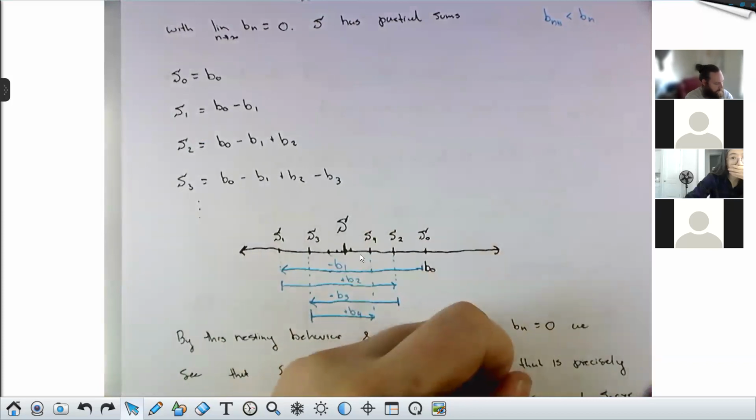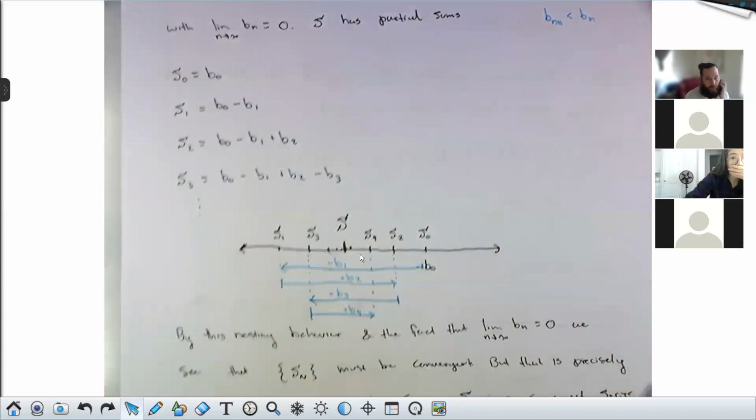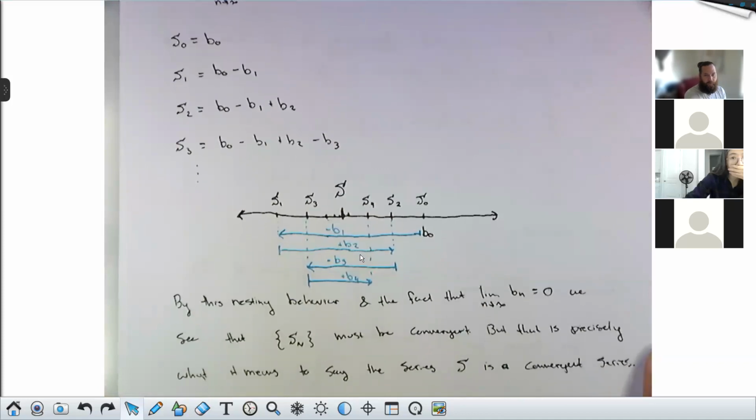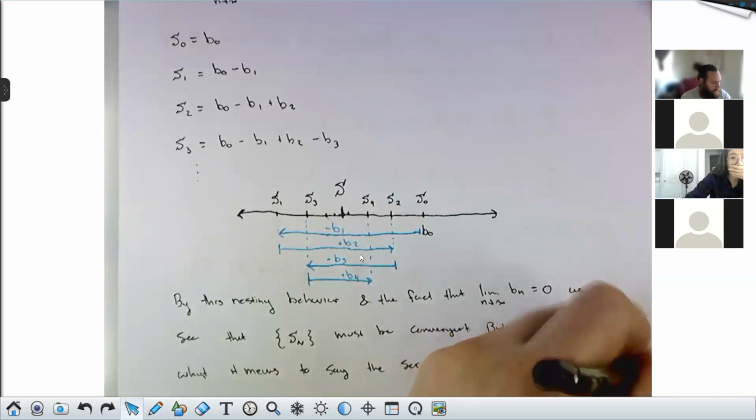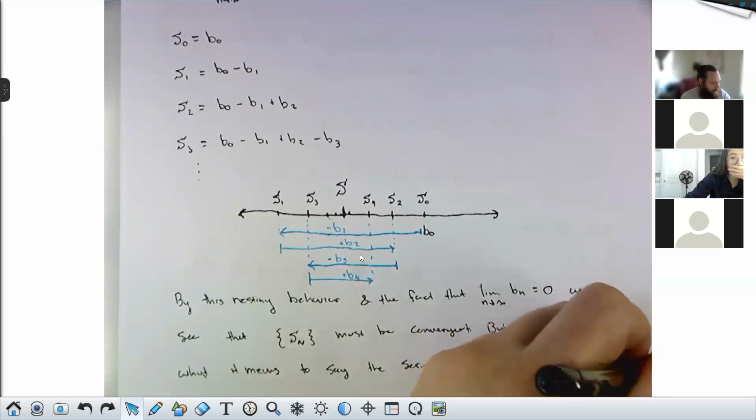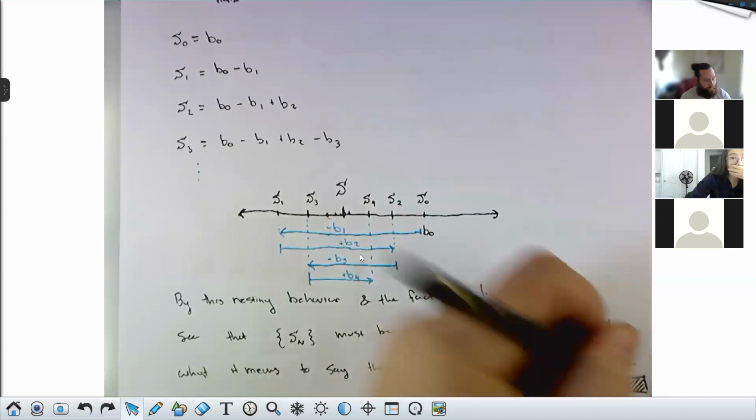A series converges if its partial sums have a finite limit. And because of this nesting behavior, the partial sums have a finite limit. Therefore, the series converges. That's the proof. Very pretty, right? I love this proof.